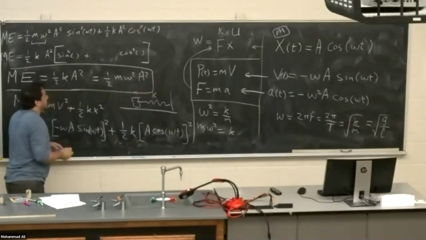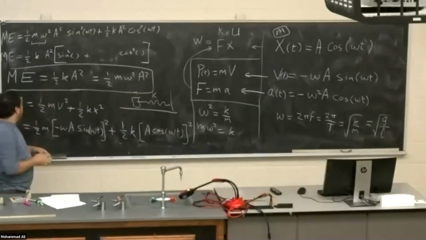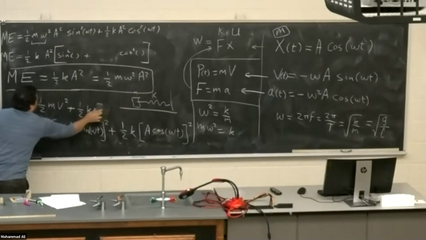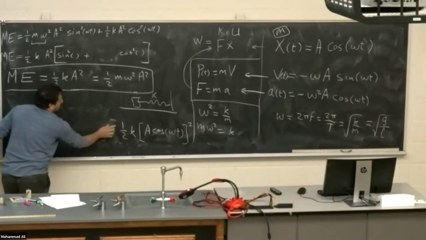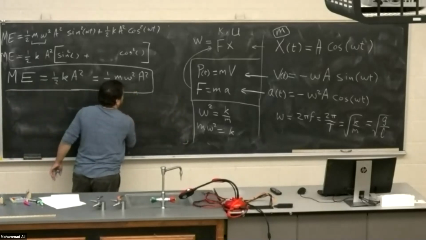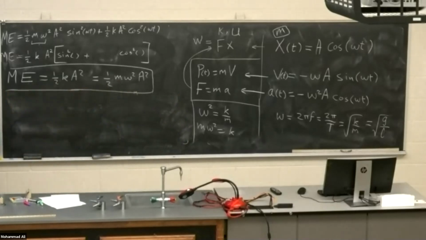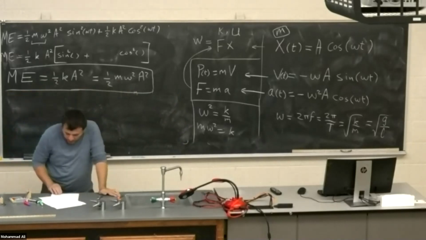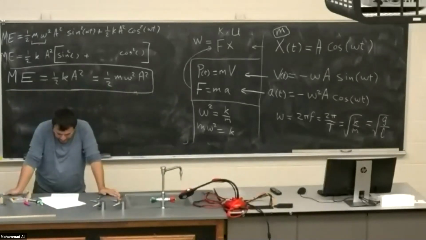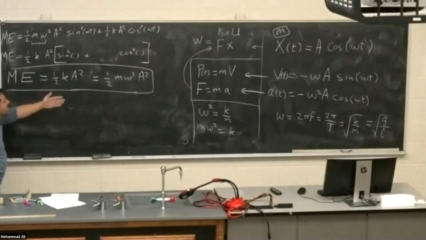We can use the mass with omega squared, or k. This is our energy. We found it by using the kinetic energy and the potential energy for this system. And you can use it to derive also the energy for the pendulum, but it's okay. This is all I can give you.